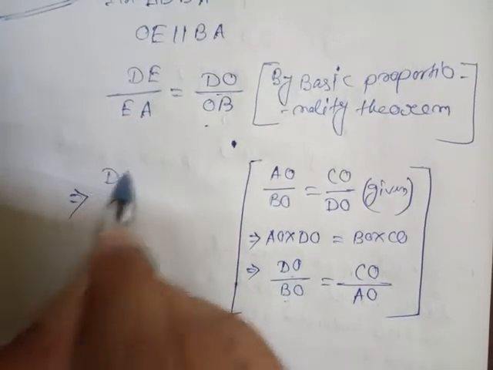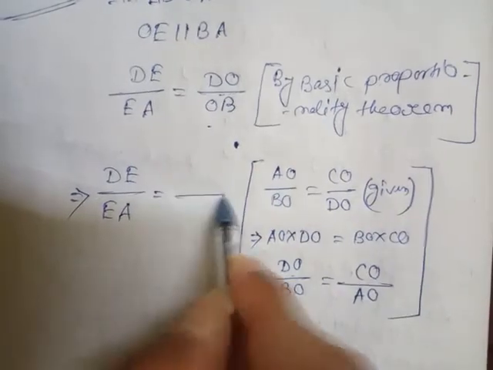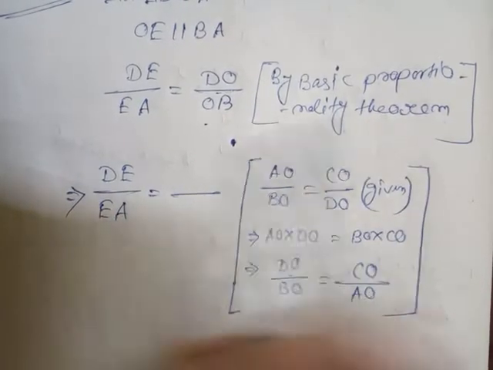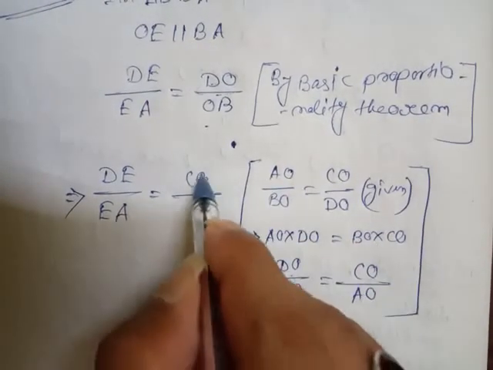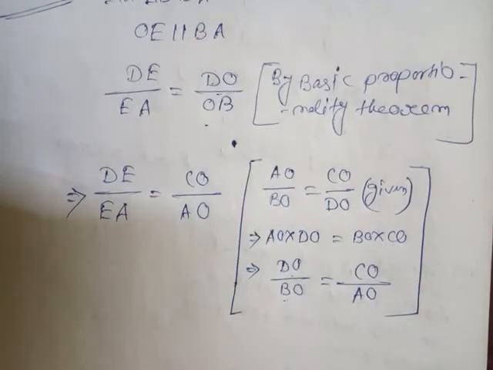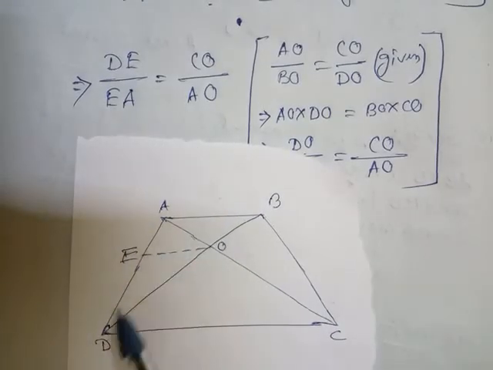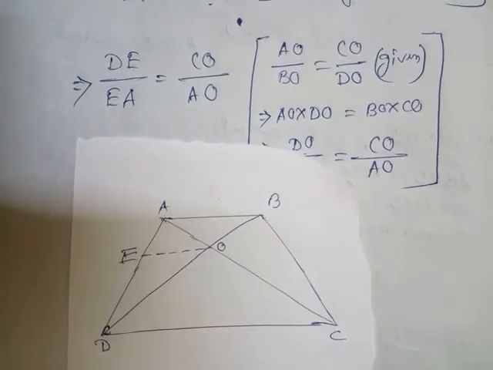So here DE by EA equals DO by BO, which equals CO by AO. Now look in the diagram, DE by EA and CO by AO.